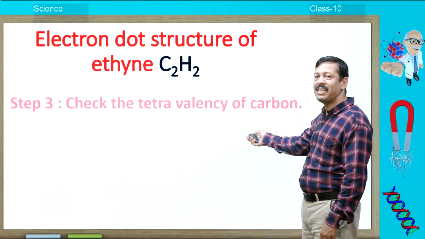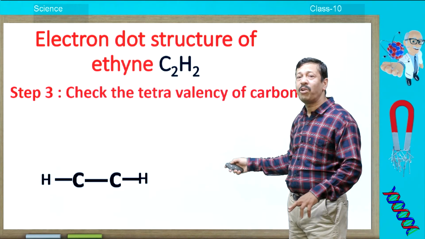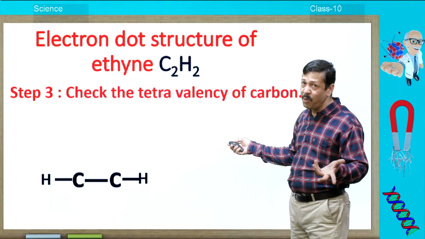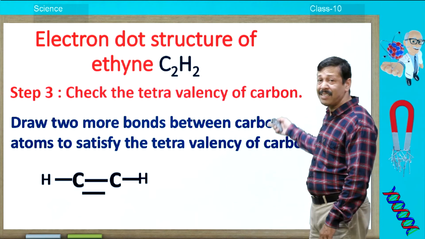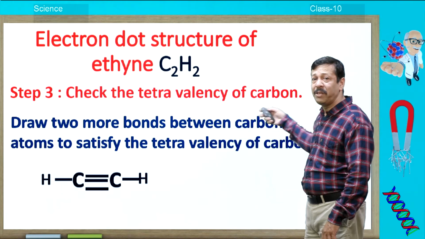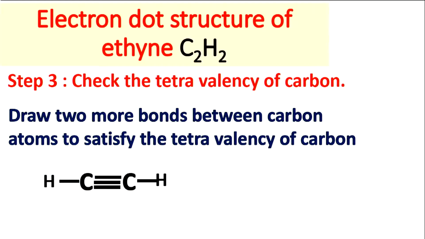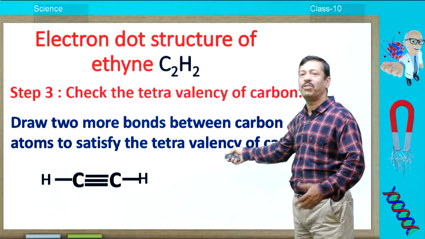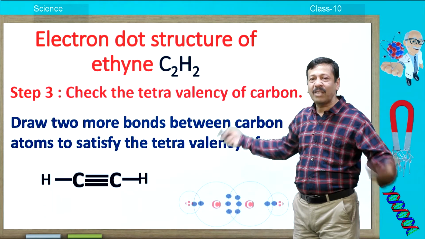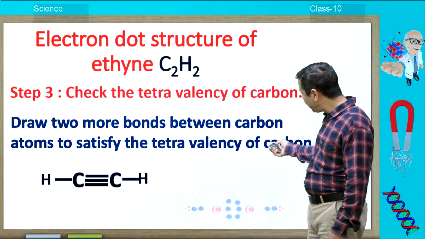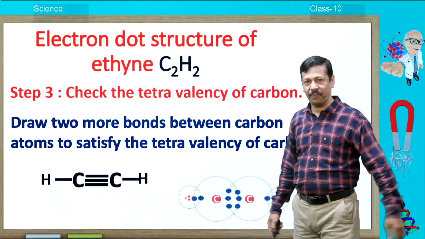Only 2 valencies are satisfied. Tetravalency means still what you have to do? You have to draw 2 more. 2 more valencies you have to satisfy. Hence, draw 2 more bonds between carbon atoms to satisfy the valency. This is the structure of the ethyne molecule. What is this? You know, this is the electron dot structure of ethyne. So, practice this one also.